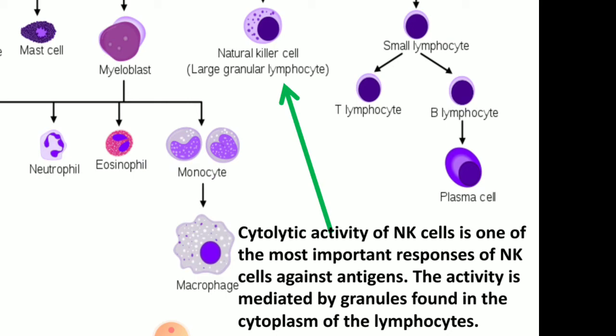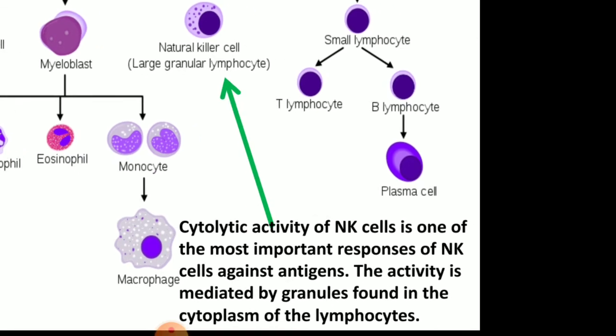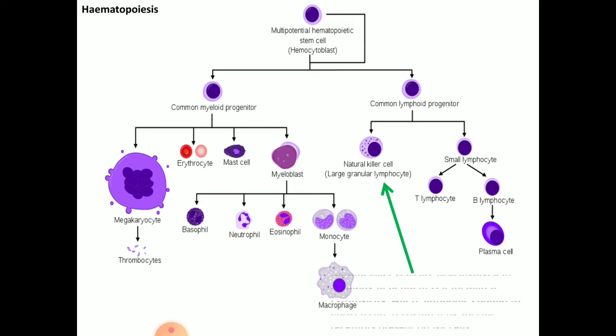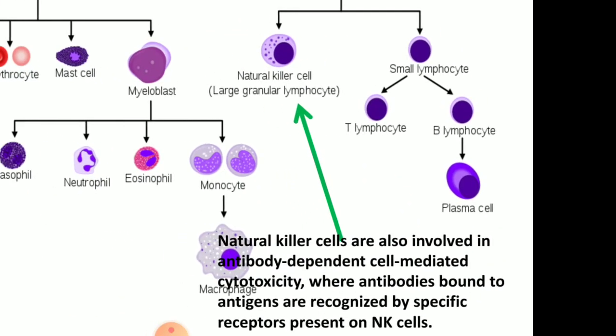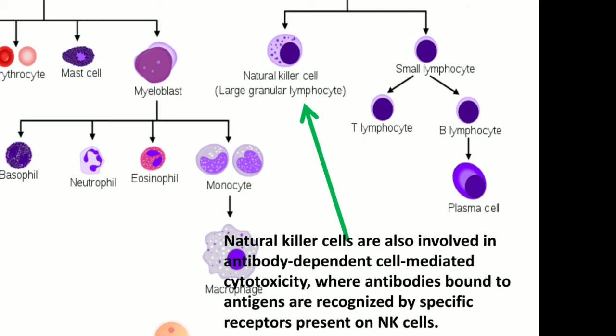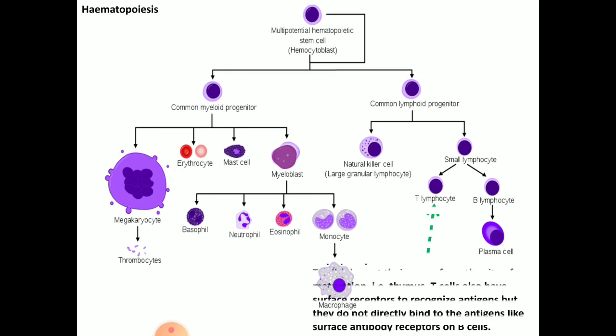The activity is mediated by granules found in the cytoplasm of the lymphocytes. Natural killer cells are also involved in antibody dependent cell mediated cytotoxicity, where antibodies bound to antigens are recognized by the specific receptors present on the NK cells.